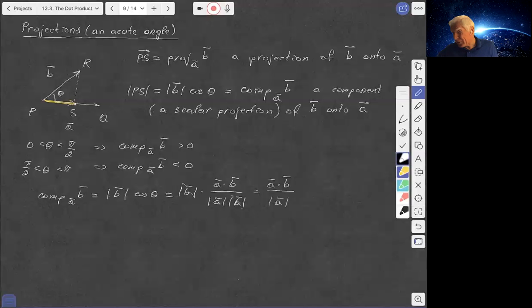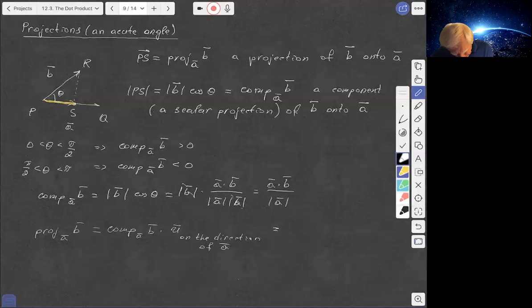Now, what about the vector itself? In order to find the vector itself, we're going to use the idea that the projection vector is equal to the component multiplied by the unit vector in the direction of A. All right, let's see what that is.